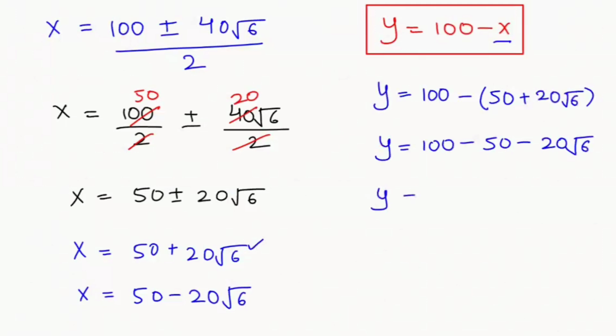And here we get 50 minus 20 root of 6. So when the value of x is positive, we get the negative value of y.